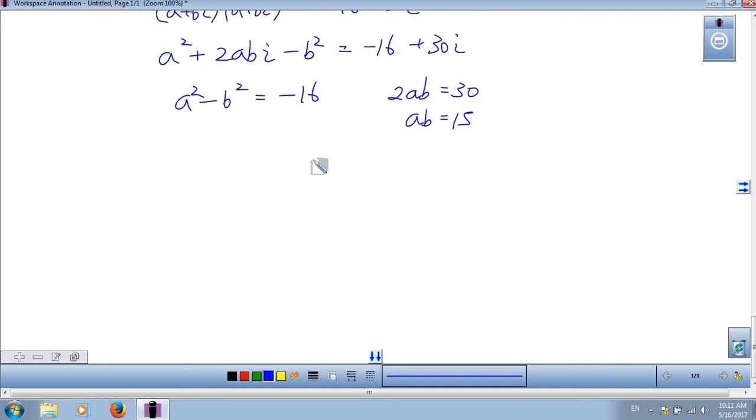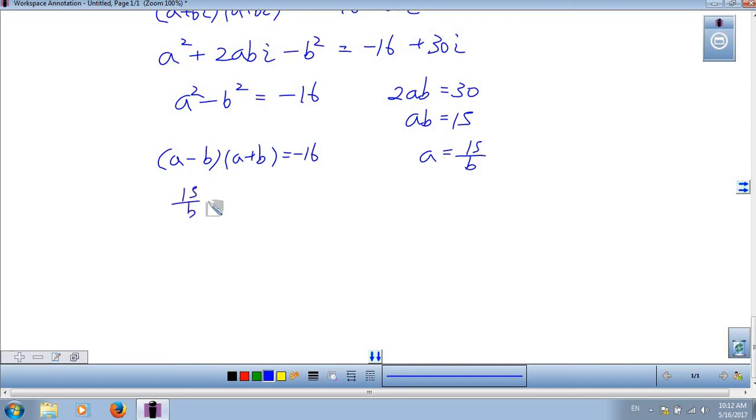Now, a squared minus b squared is a minus b times a plus b, equal to negative 16. Now ab is equal to 15, so a equals 15 divided by b. We can plug this in and get an equation that we can solve.